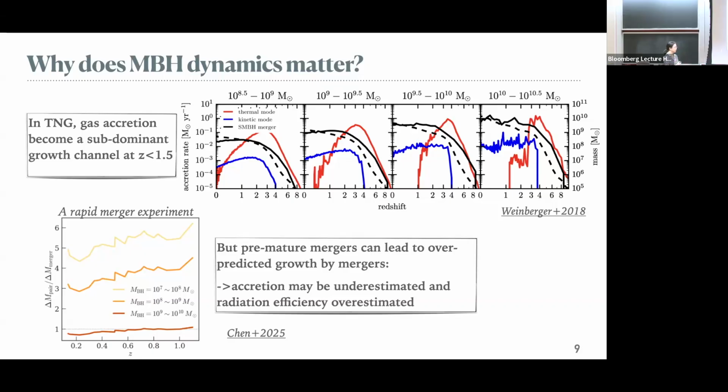Then when you try to model the luminosity function and mass accretion by gas, maybe they have to tune their parameters so that they don't need as much gas, and so they have also tuned up their radiative efficiency. These are all the consequences that can happen if you merge things too aggressively in the simulations.